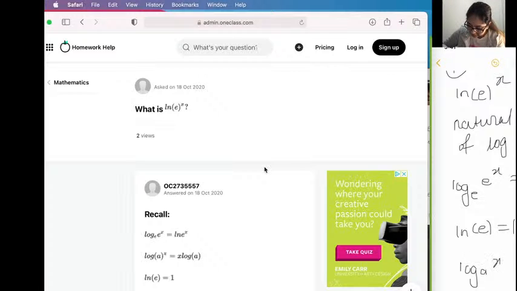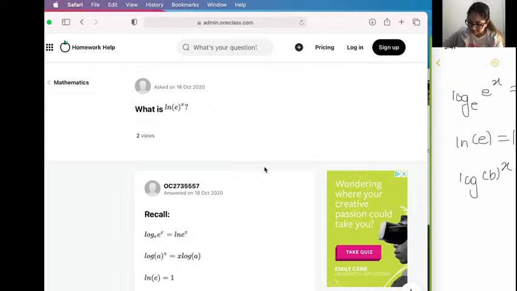If we have b to the power of x, to bring the x down, what we need to do is take the log on both sides, and bring the x down.